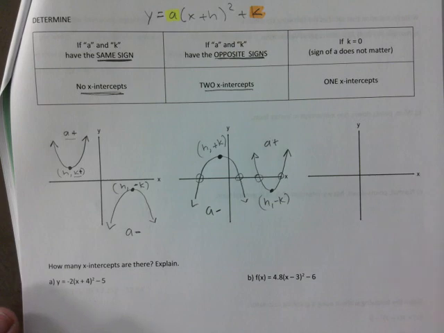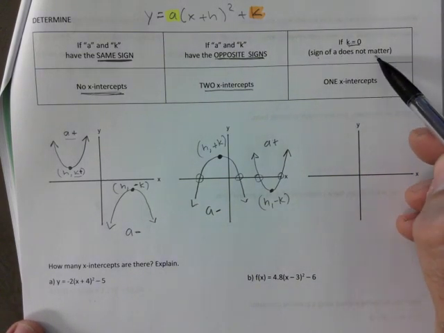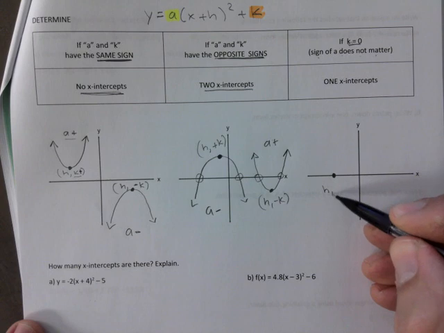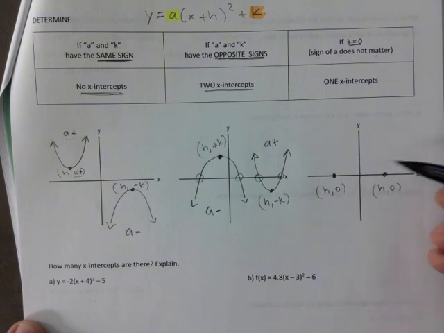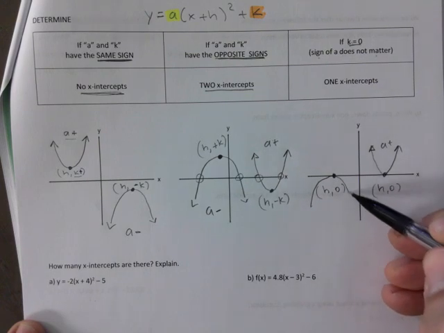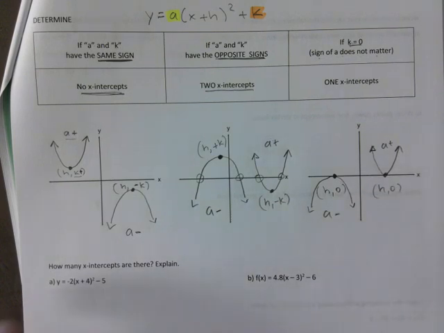And last but not least, if k is equal to 0, the sign of a does not matter. Because if k is 0, the vertex is right on the x-axis, at (h, 0). So if k is 0, it doesn't matter if a is positive or negative. You're just going to have your one x-intercept.